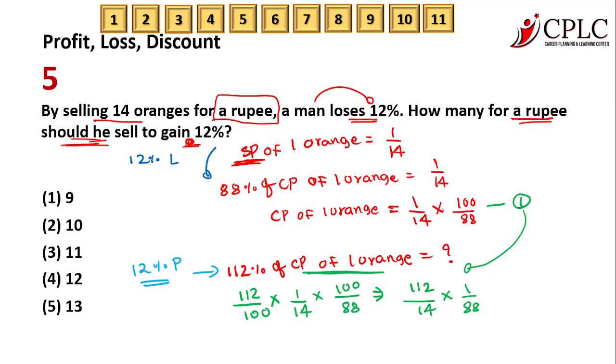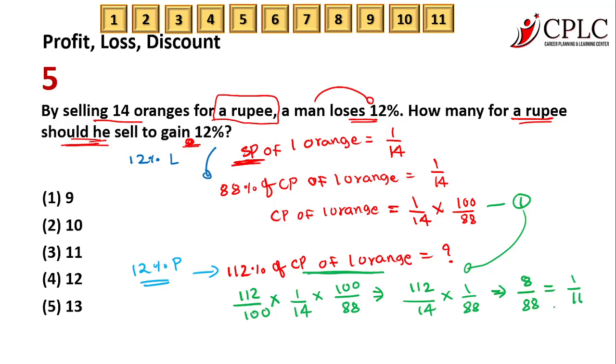So let's divide these numbers by 4. If you know the tables, you can even do it faster. 14 8 za is 112. So this becomes 8 by 88, which becomes after further reduction 1 by 11.